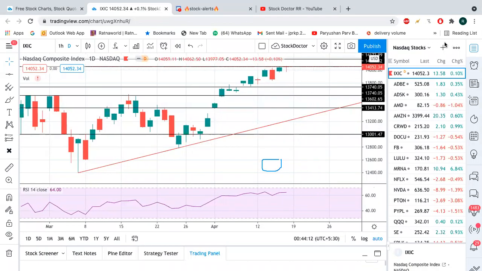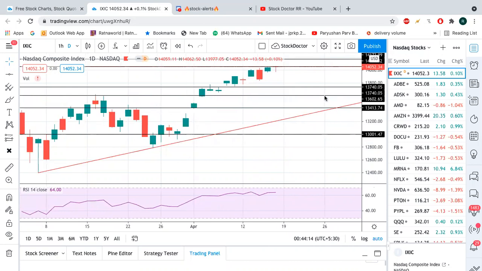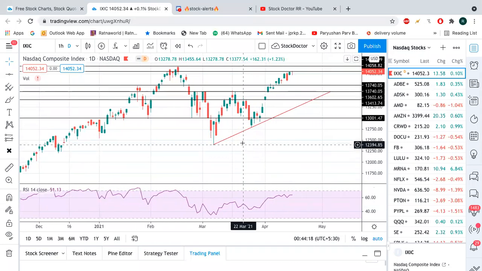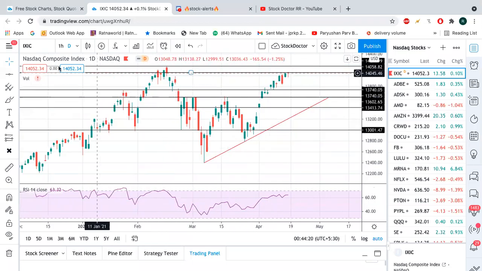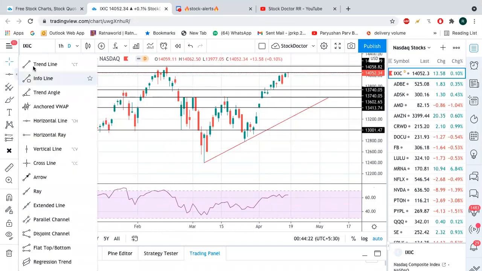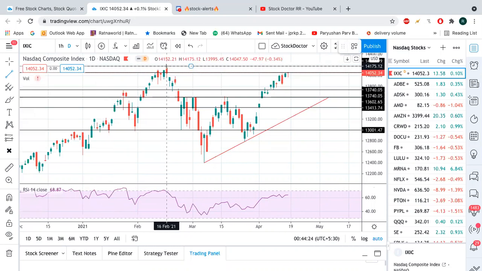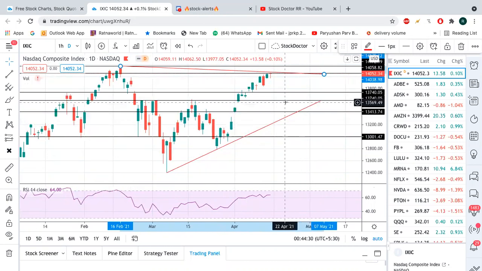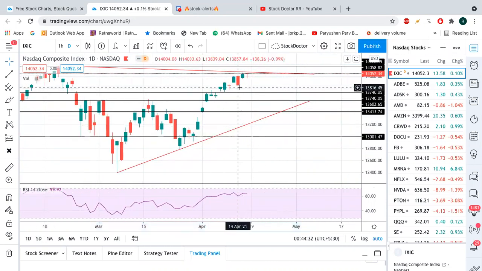If you see here, Friday's closing was a doji candle. Now this doji is a kind of dragonfly doji where in the starting hours of the market the index was down, and at the end of the day it managed to close where it opened.